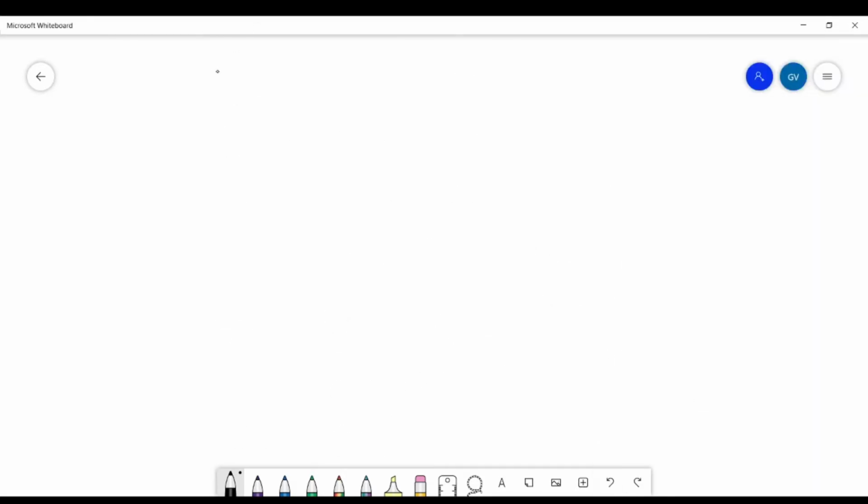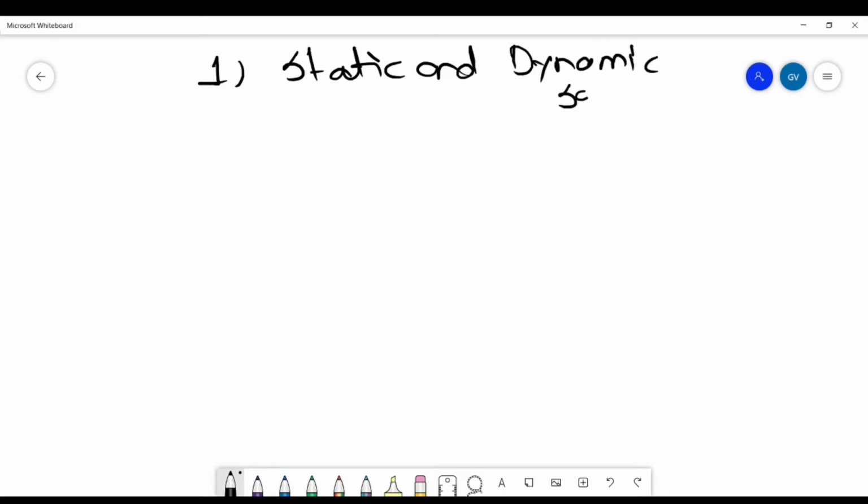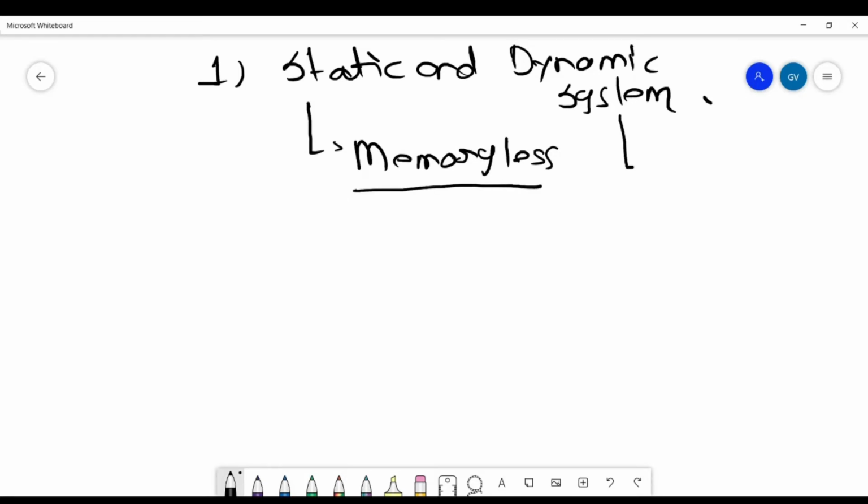Now let's move forward to the first type of system, static and dynamic system. Basically, a static system is a memory-less system, and a dynamic system is a system with memory.